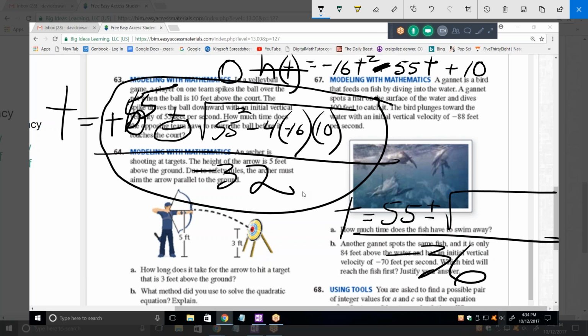So 3025 plus 640. What's that? I don't have my calculator here. I'm waiting for you to do calculations. So square root of what? It's 3,665. Okay, now take the square root of that. 60.54.